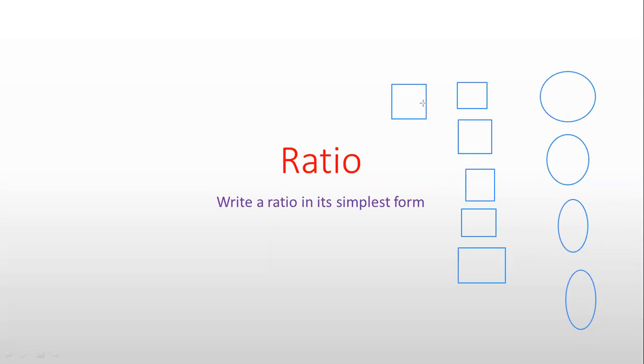Because the number of squares is 6. Yes, exactly. Because the number of squares here is 6: 1, 2, 3, 4, 5, 6. So you write 6 over 10. Why 10? Because the number of squares and circles together is 10. Yes. So as a fraction, it will be 6 over 10.